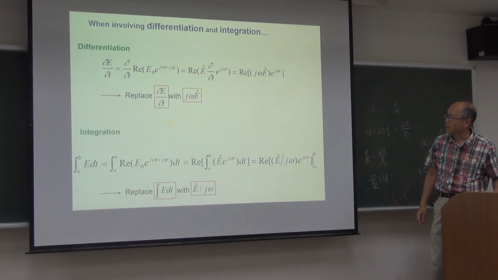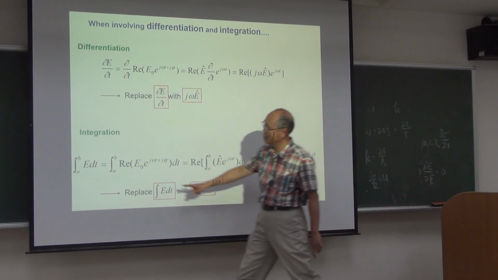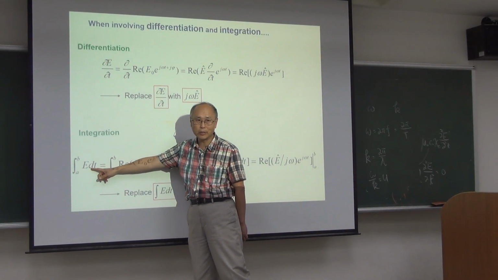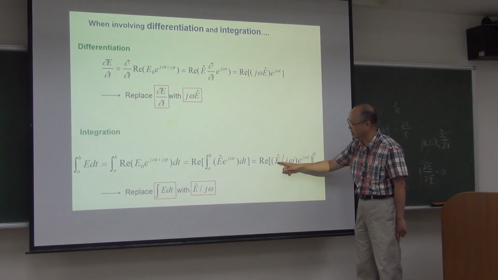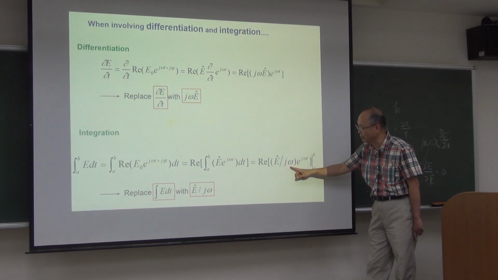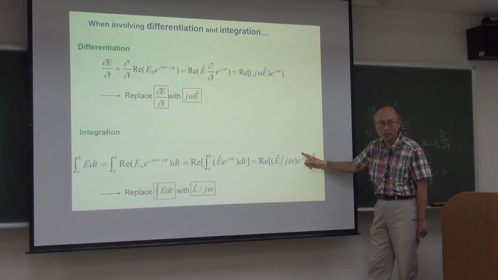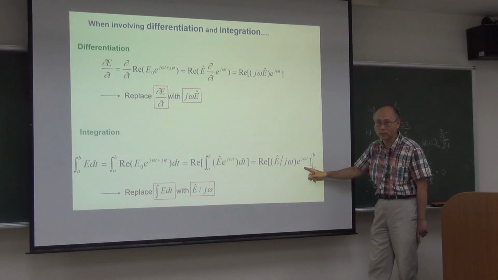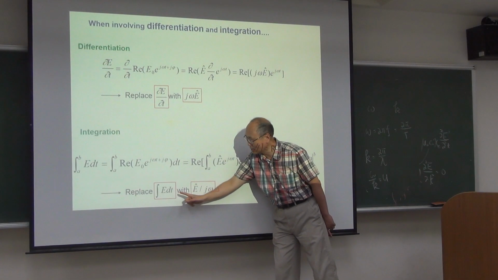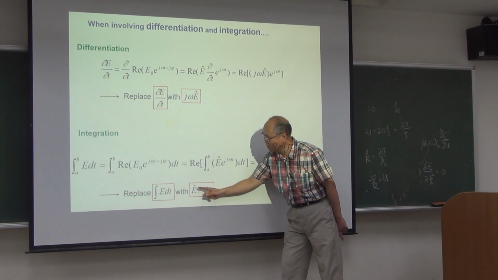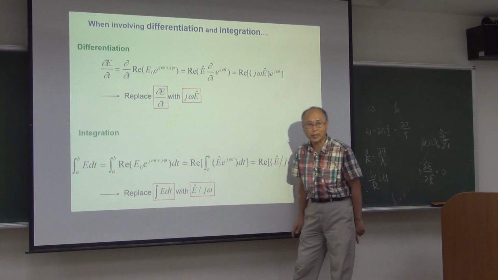For the integration, if you do an integration of a real electric field, in the end you basically get the phasor of the electric field divided by j omega, and then you have a term that is already understood. So if you rewrite this into the phasor notation, the integration sign basically just gives you 1 over j omega.